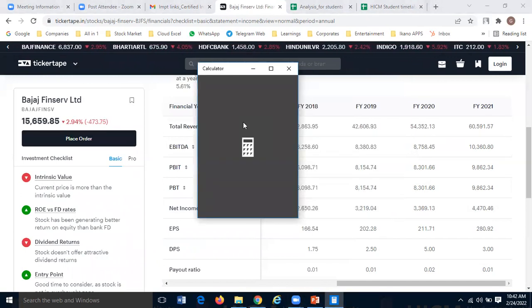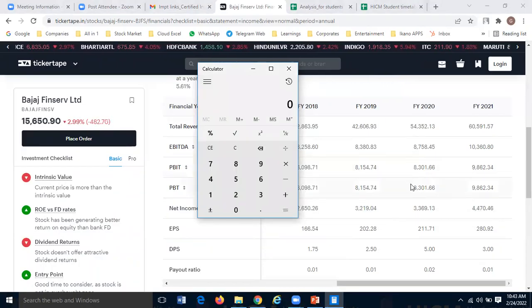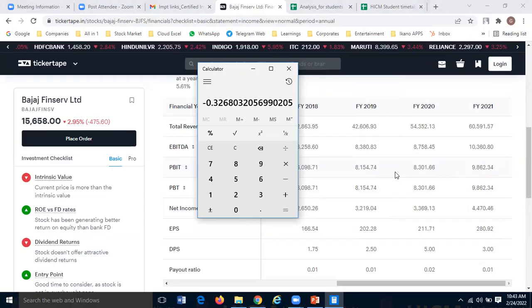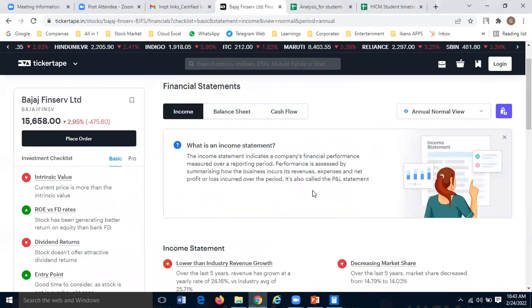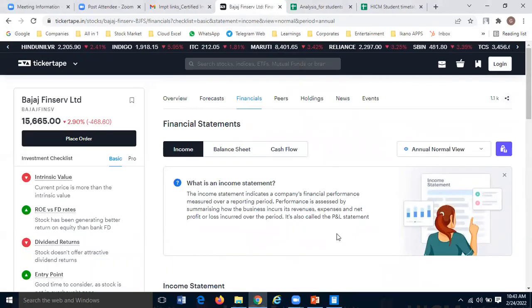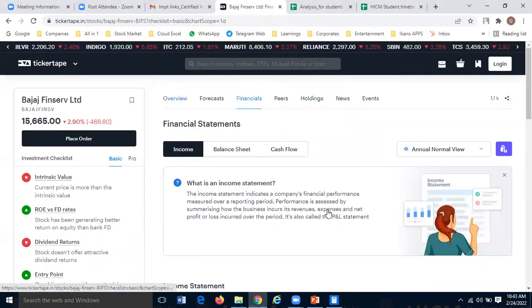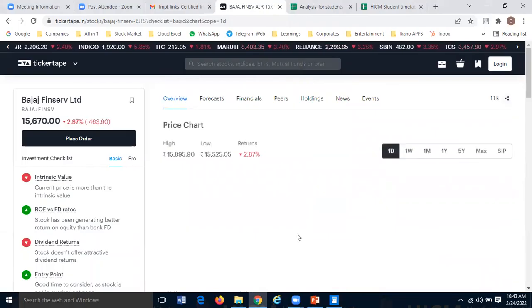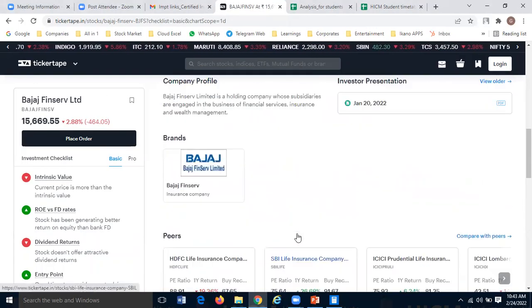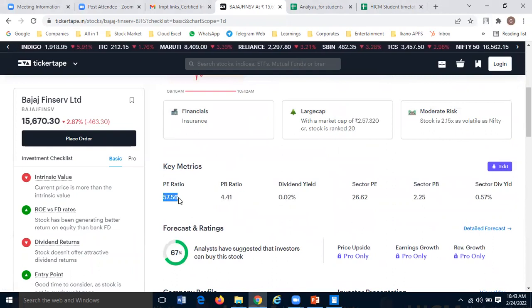Like that, we have to compare for at least 5 years. I'm just doing it for 1 year for you. 1 divided by 3369. Yes, 32 percent, 30% growth is there. It means more or less, if I value it, the PE should be at 30 or 40. 35 will be fine actually, but it is so much overvalued. But anytime you see it, it is moving in these PEs only.